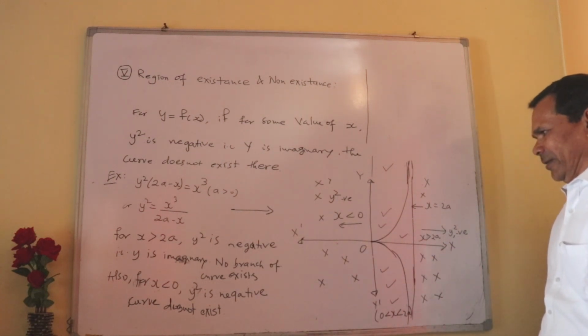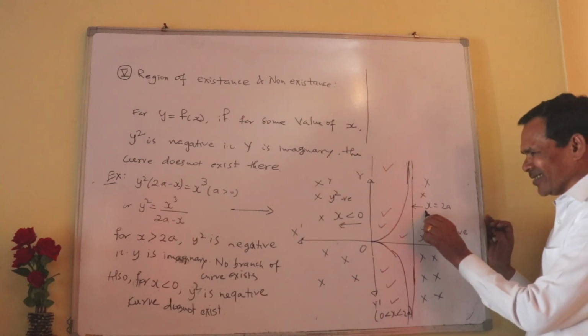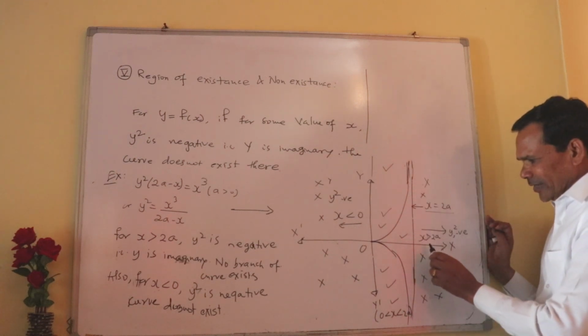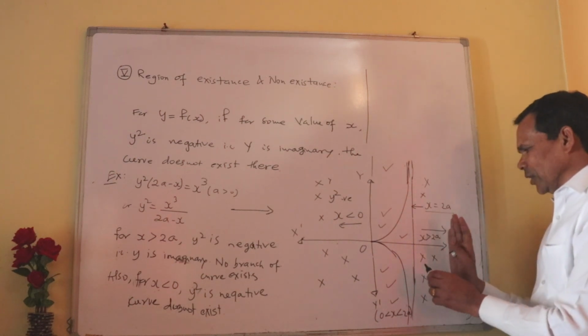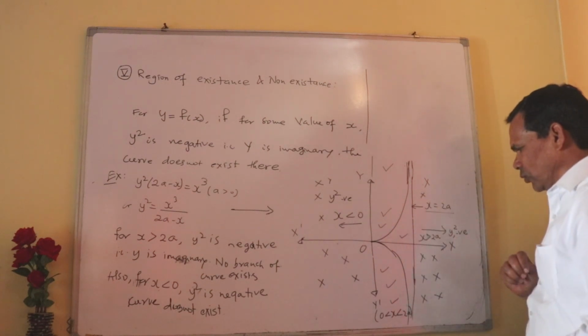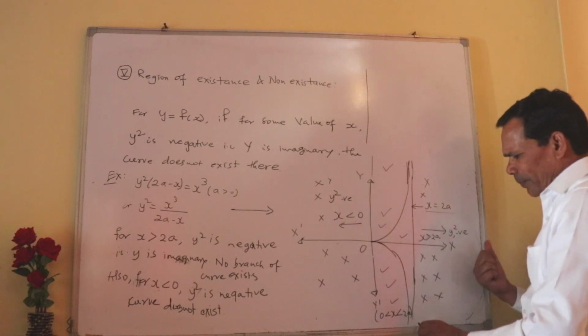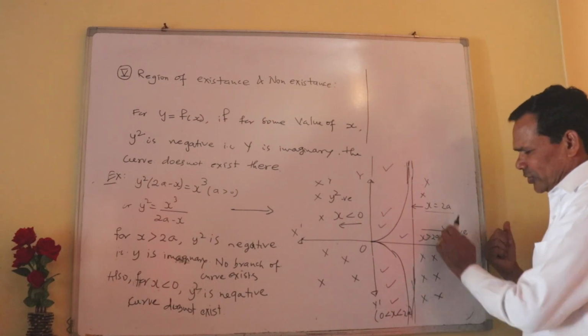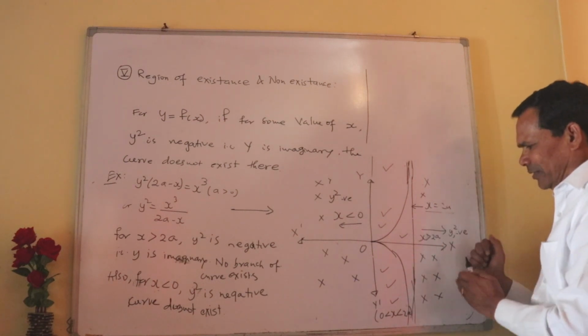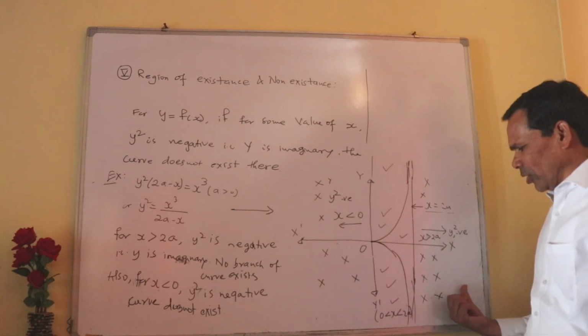Similarly, x greater than 2a, to the right of the asymptote line x equal to 2a, y square is negative, so no branch of the curve exists. It is also marked with a cross.